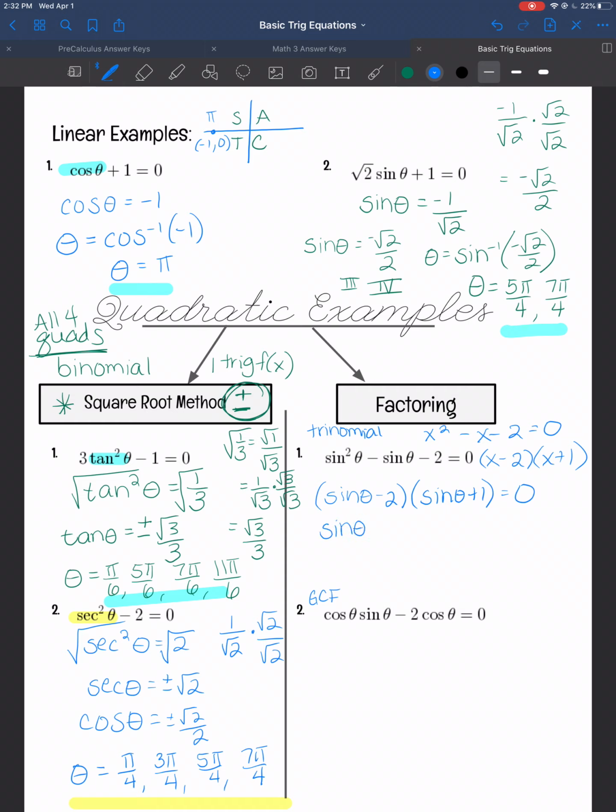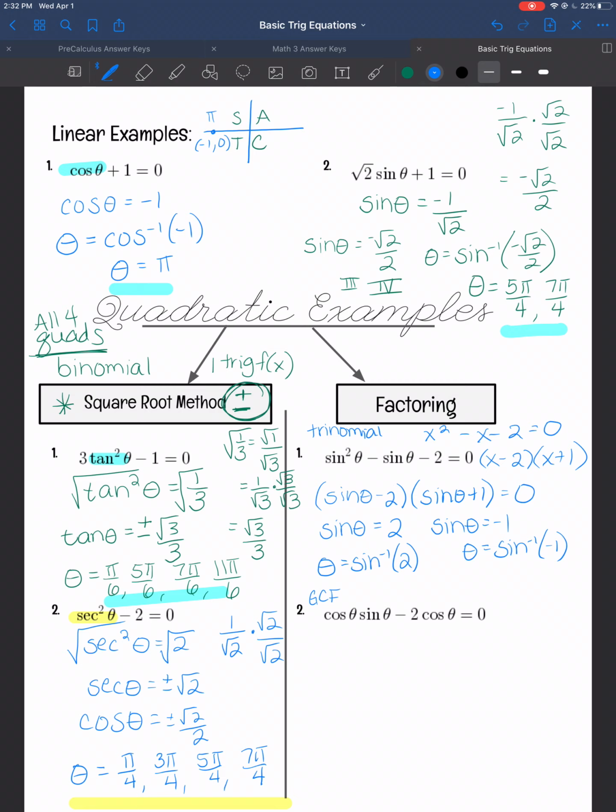So that gives you sine theta equals 2. Sine theta equals negative 1. Do inverse sine and inverse sine. Now, inverse sine of 2. Thinking back to inverse trig.